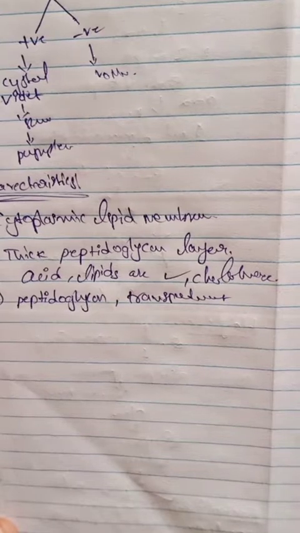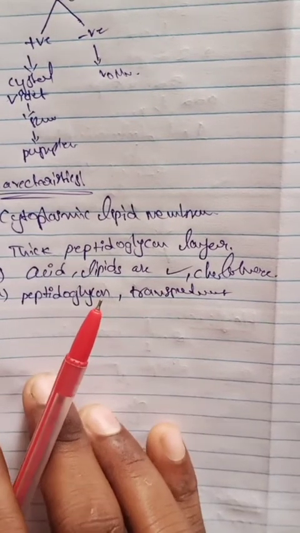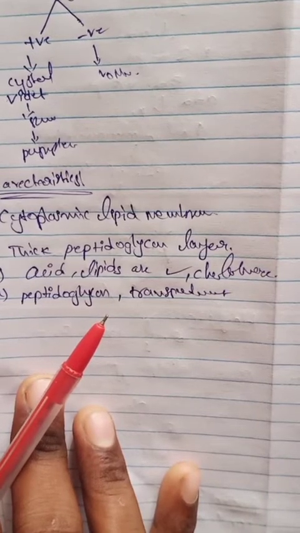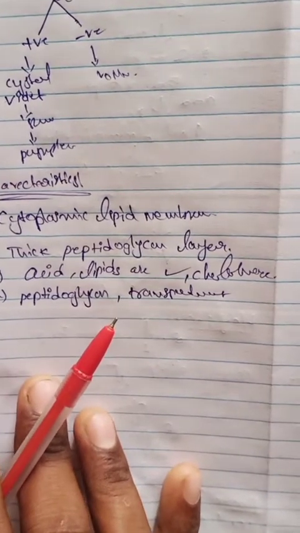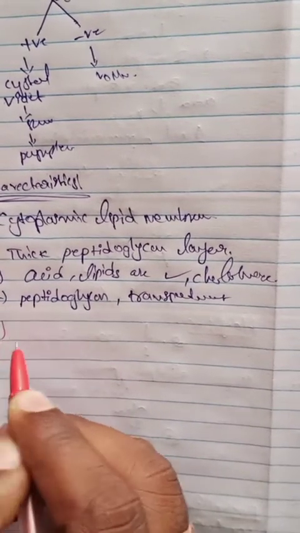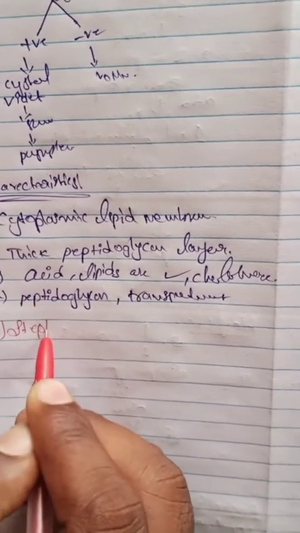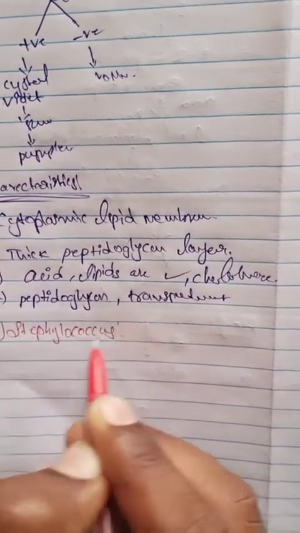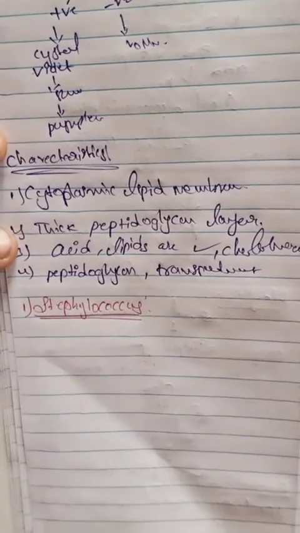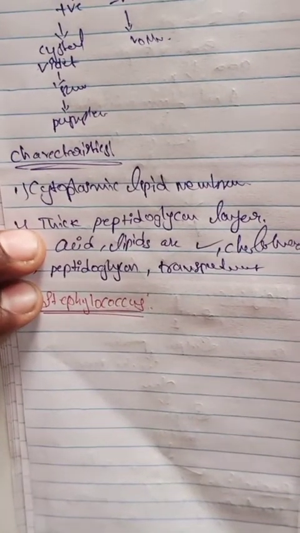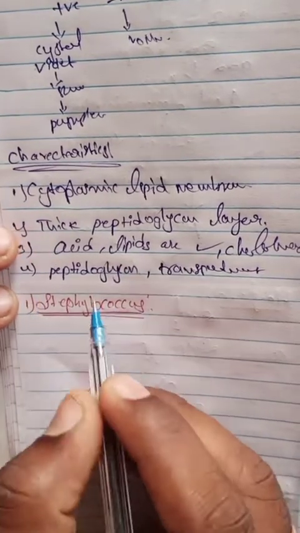There are many examples of gram-positive cocci. First of all, we will discuss Staphylococcus. Staphylococcus is a gram-positive aerobic organism.